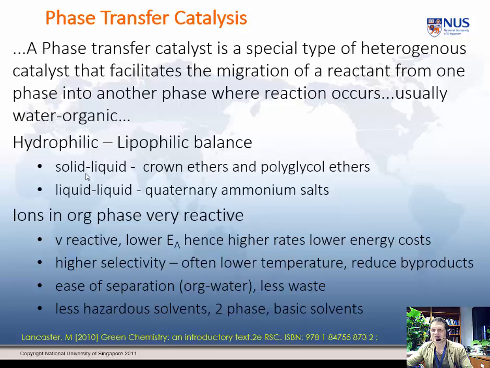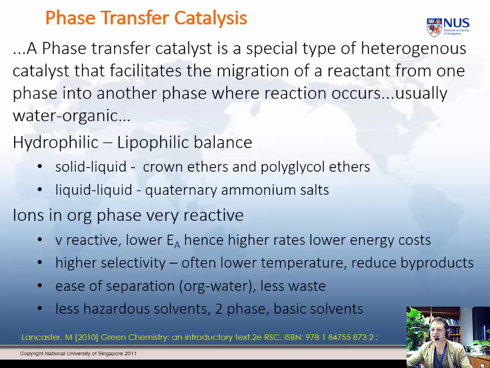There's a very, very useful application between hydrophilic and lipophilic phases, so they can allow solid-solid reactions, crown ethers, polyglycoethers, or liquid-liquid quaternary ammonium salts. It's worth remembering, if you can get an ion into the organic phase, it becomes very reactive.